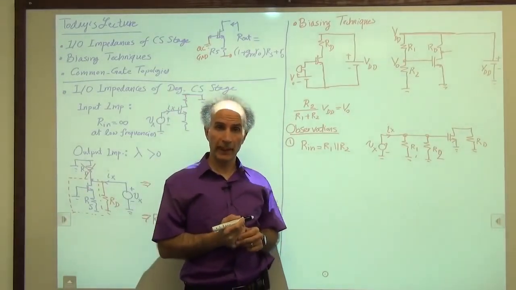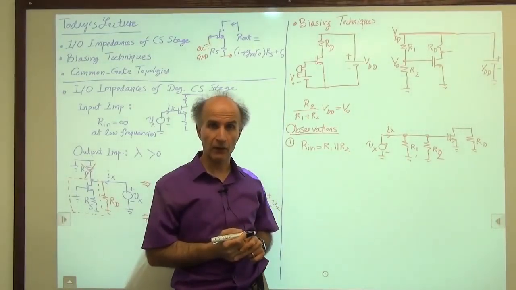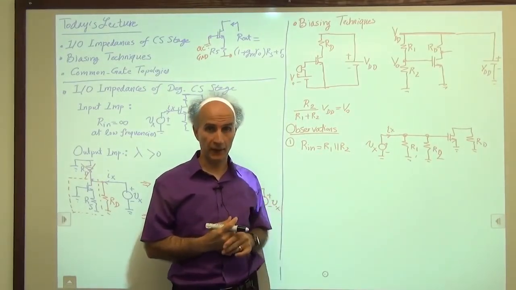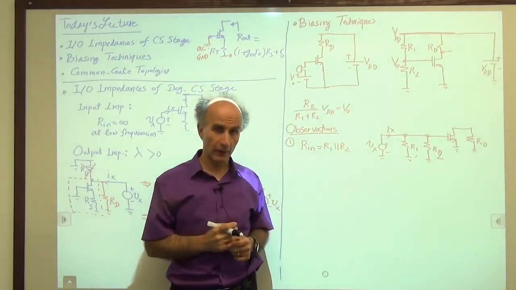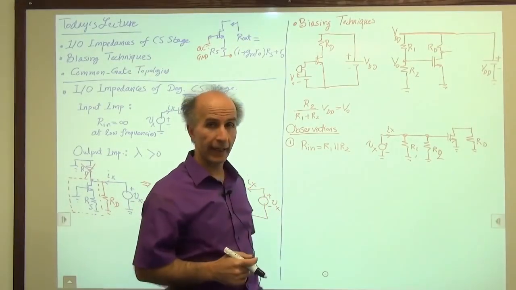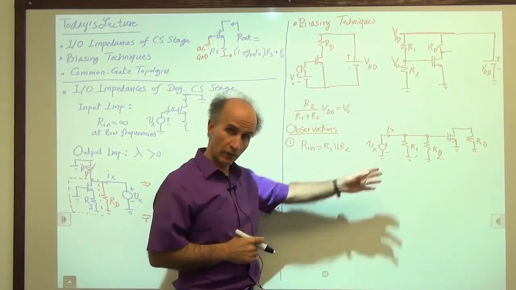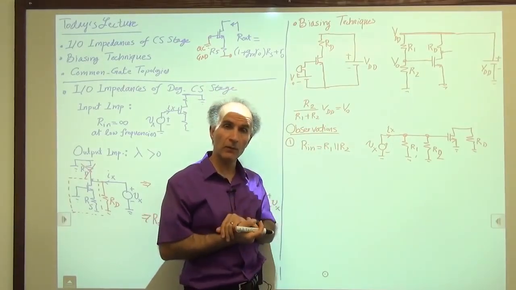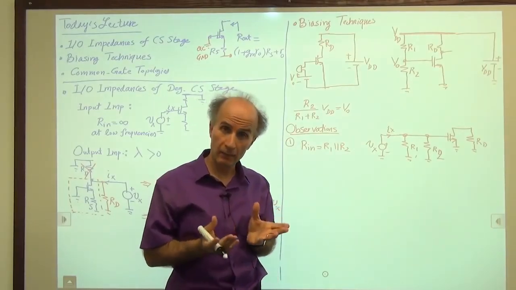So is that a good thing or a bad thing, the fact that the input impedance has fallen? Well, generally for this common source stage, it's a bad thing. Let me give you an example of how that happens. All right, so let's go ahead and connect our microphone to this amplifier, just like we did before. But let's assume that the microphone has a more realistic model.